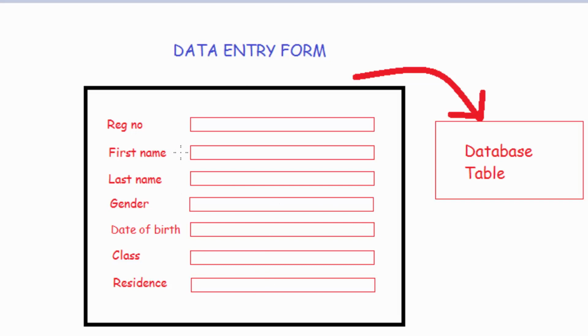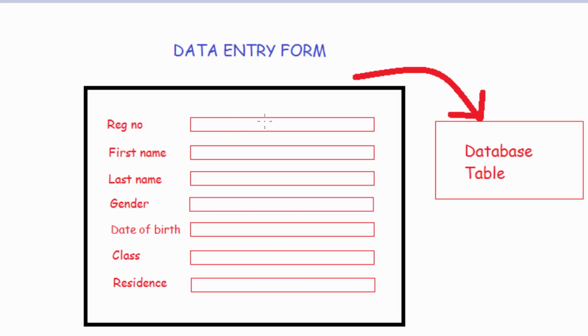Other things we can do on the data entry form is to limit what kind of data is going into the table. For example, if I want people to type their registration number here, and I know all registration numbers I have are numbers, I might set the property of this text box to block anything else other than a number.